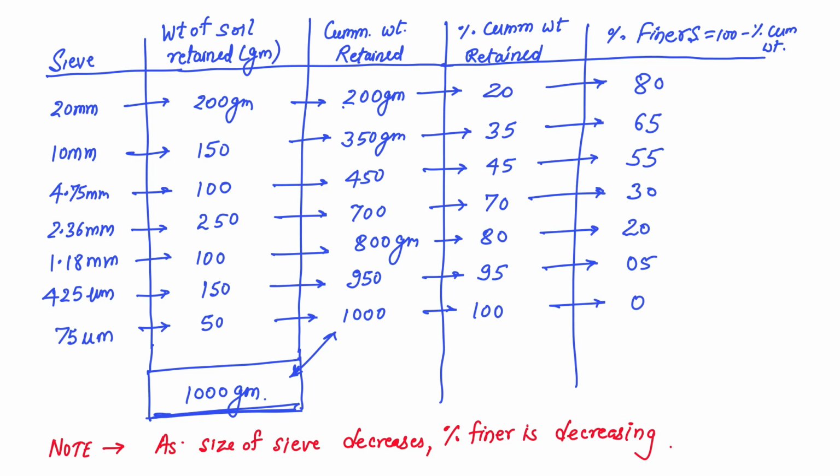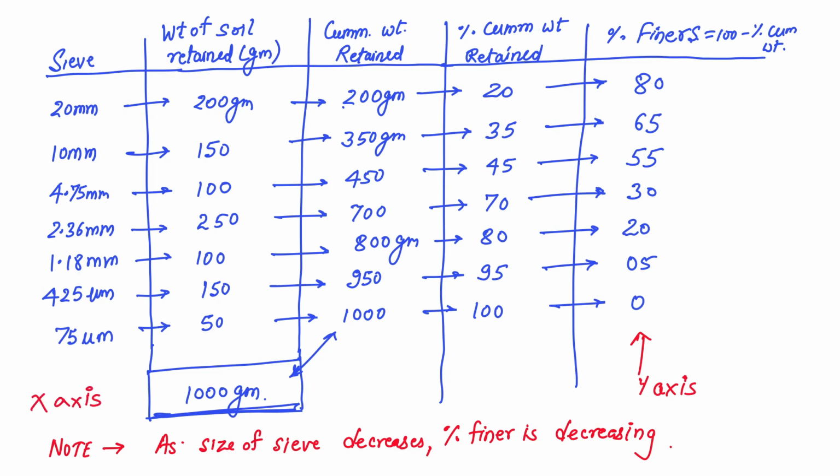Now see here, in this particular table there are two columns. The first column is the sieve size and the second column is the percentage finer. For drawing the curve, this will be our y-axis, whereas this will become our x-axis.